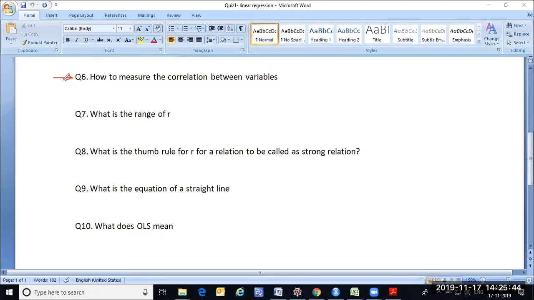Because by looking at the scatter plot, different people would have different opinions on whether they're strongly correlated or moderately correlated, positively correlated.